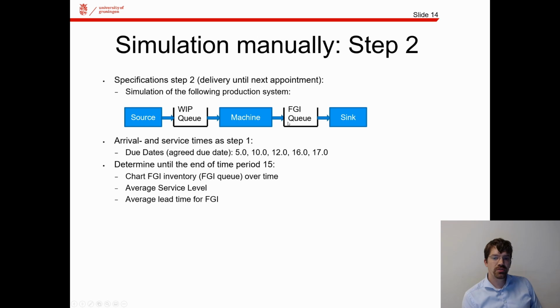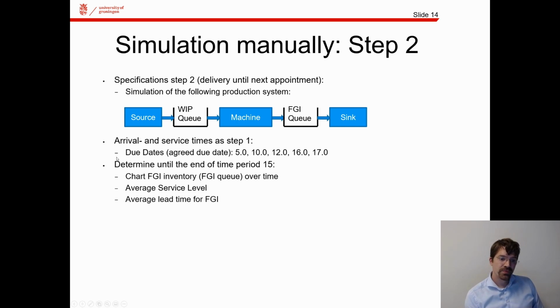What we are going to introduce here is an FGI inventory, which is the finished goods inventory. That means orders or products which are finished in production are waiting in the FGI inventory until the due date of the customer has been reached. And then the customer is satisfied and the products leave the FGI.